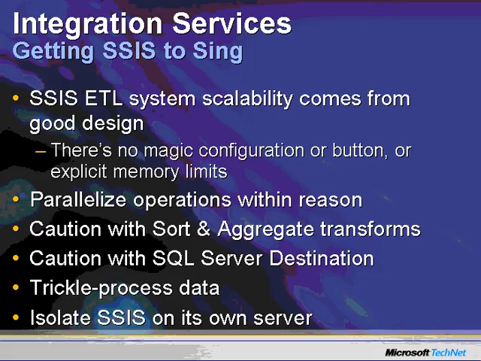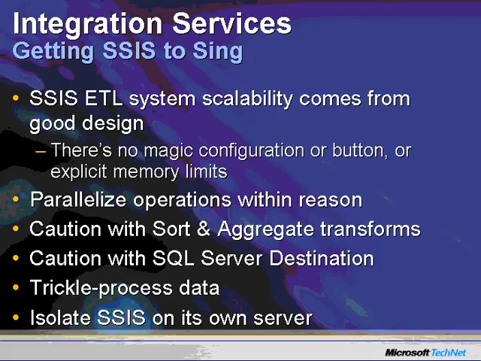What I mean by this is, as long as the stream of data that you're sorting or aggregating fits entirely within memory, then these transforms work very, very well. But when they run out of memory, they have to page out to disk, and then the performance of these transforms really plummets. So if you need to sort or aggregate a very large volume of data, more than will fit in your memory, you should look at another way of doing sorting and aggregation.